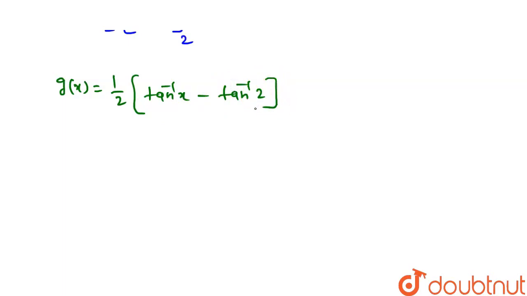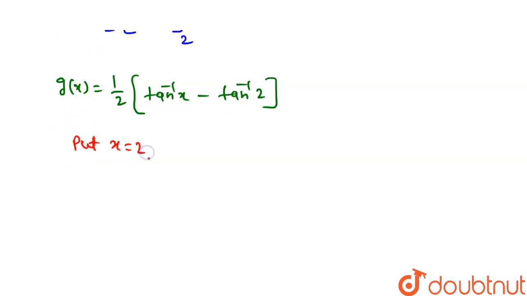Now we put in the limits. So g(x) is equal to half times, upper limit is x, so this is tan inverse x, minus lower limit 2, so this is tan inverse 2. Now we have to find g(2), so put x is equal to 2 in this expression.